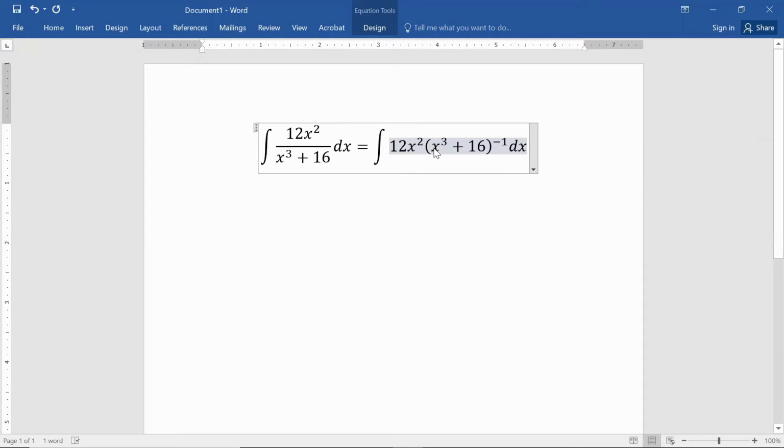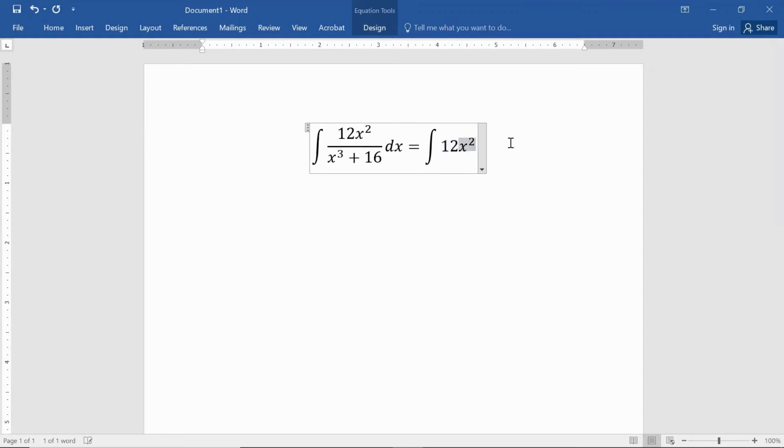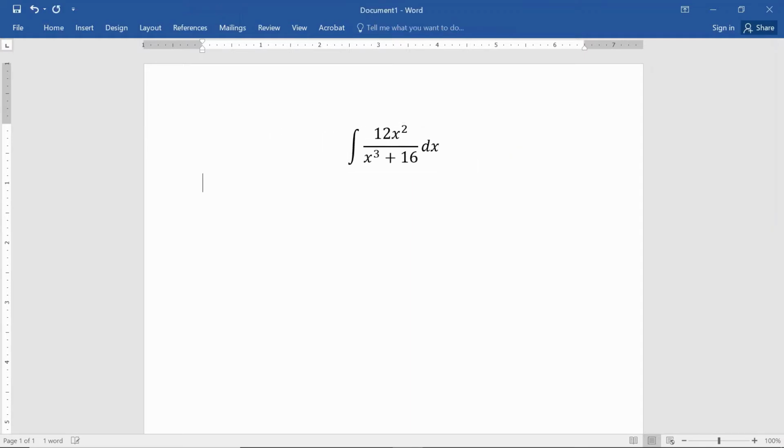We had a polynomial raised to a weird power. In this particular scenario, I don't like raising things to -1 power. I like keeping them in the denominator. If this was raised to a -2 power or -3 power, I'd probably rewrite it like this. But since it's a -1 power, I'm going to leave it like that.